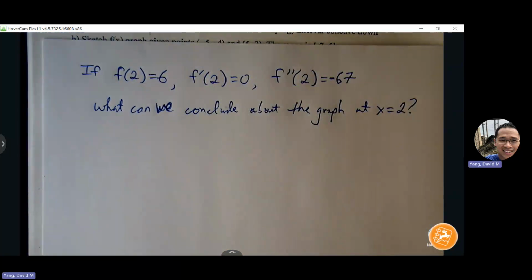If f of 2 equals 6, if f prime of 2 equals 0, and if f double prime is equal to negative 67, what can we conclude about the graph at x equals 2?